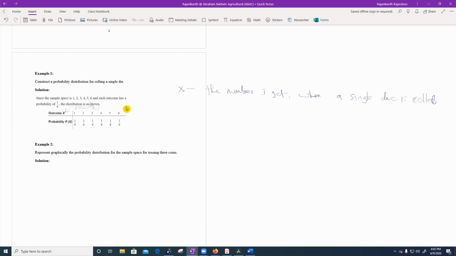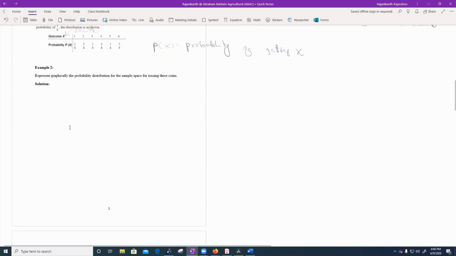All the events have the same chance, or probability. So that is called the probability distribution for the variable x, denoted by P(x). So P(x) is nothing but the probability of getting the value x. X can be 1, 2, 3, and so on up to 6. Okay, so now that is there.